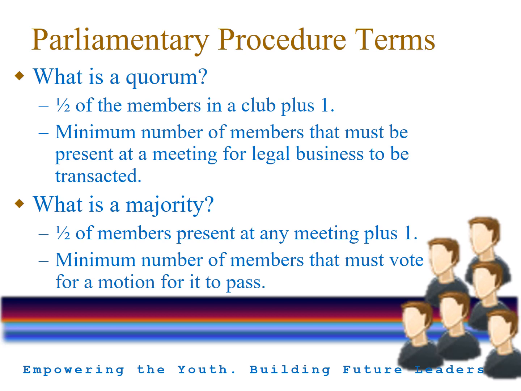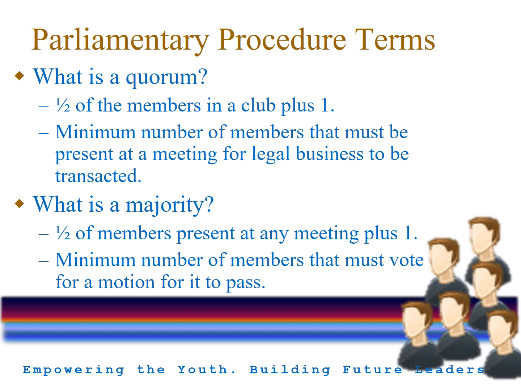different from a majority. Majority is half of the members present at any meeting plus one. So it's still half plus one, but for majority, these are for those who are present only, active members. Minimum number of members that must vote for a motion for it to pass.